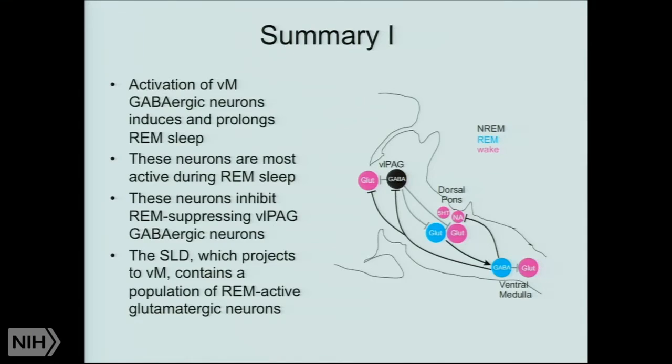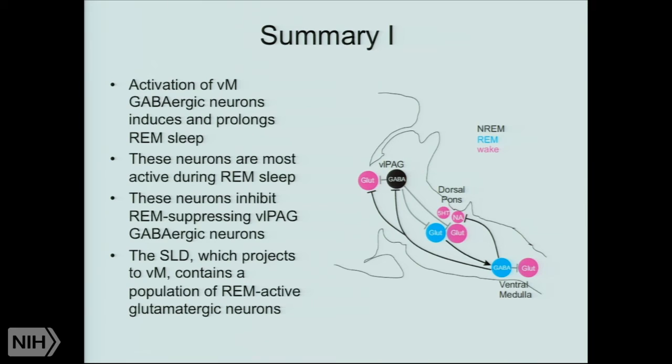If you are a neuron that wants to promote a particular brain state, and you're GABAergic, you've got to inhibit the other 2. This blue neuron inhibits both the pink and the black, and the black inhibits both the pink and the light blue. So this is what we have seen so far, and the scheme would make sense.